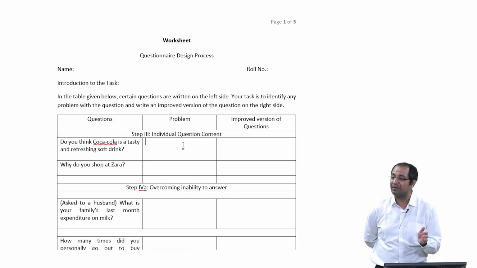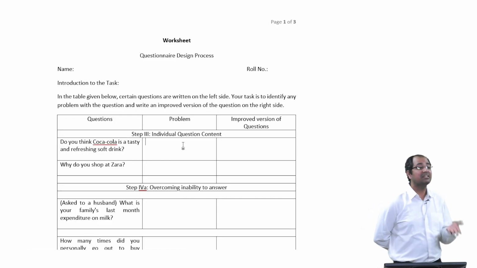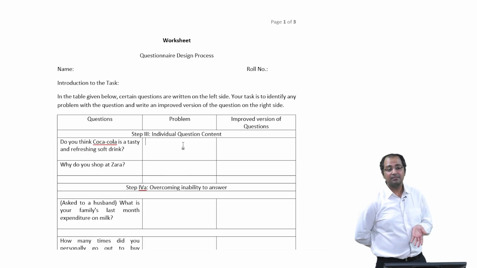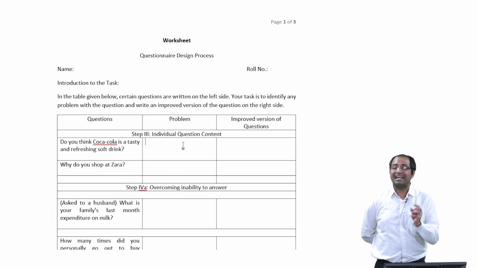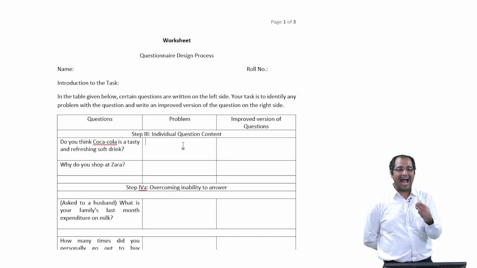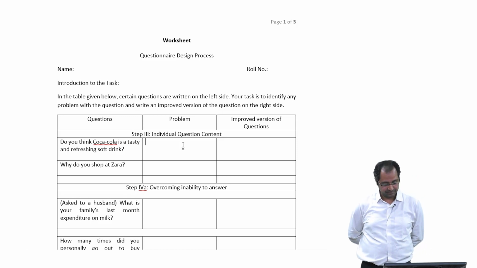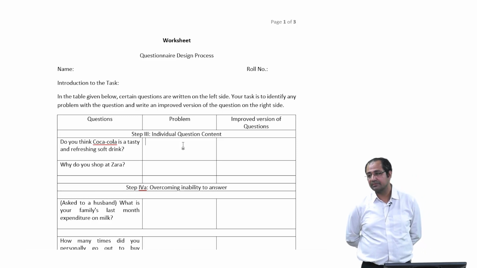But if you find one as tasty and the other not, if you say that it is tasty but not refreshing, how would you answer? Sometimes people would not understand the 'and' or 'or' which are written. If you say yes, it will be yes to both.